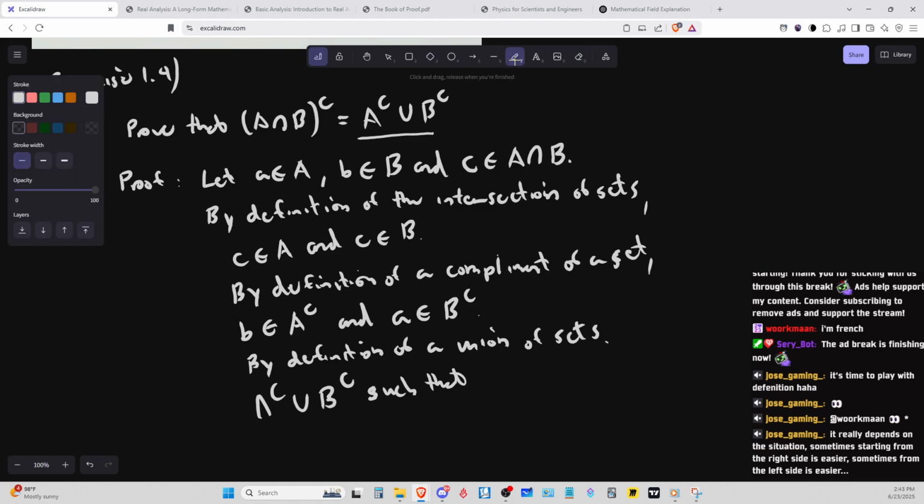Didn't feel right to me. Can you guys still see what I write? Yes, okay, cool. By definition of a union, because I feel like I know what I want to say, it's just that I'm trying to formulate the sentence, and that's the hard part. I think that's always going to be the hard part when it comes to proofwriting.